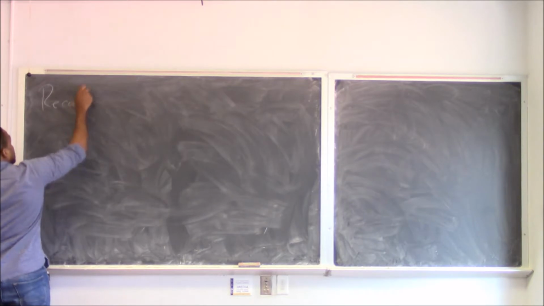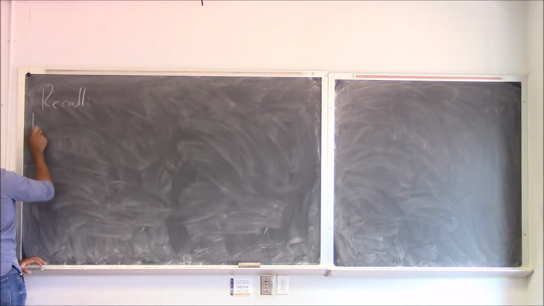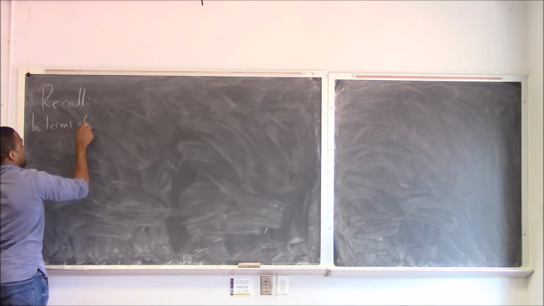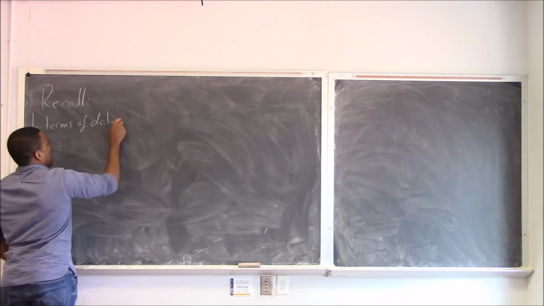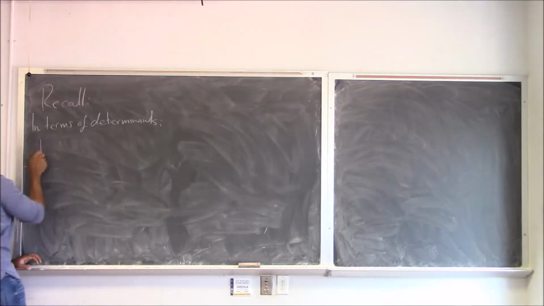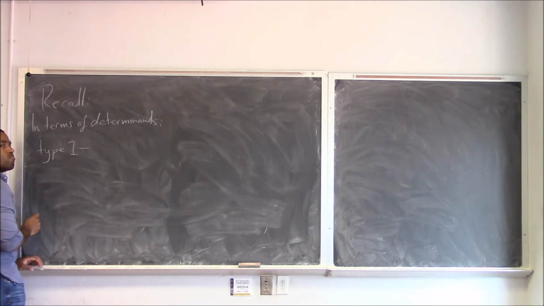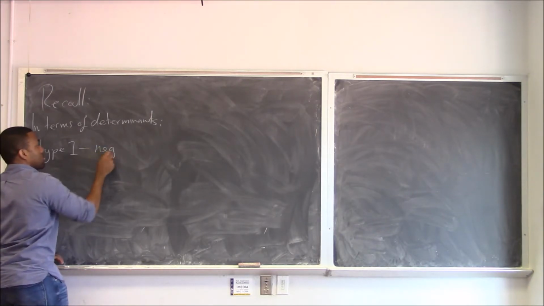Recall some things though about determinants. So in terms of determinants, how does a type 1 operation affect the determinant? It negates it, right?